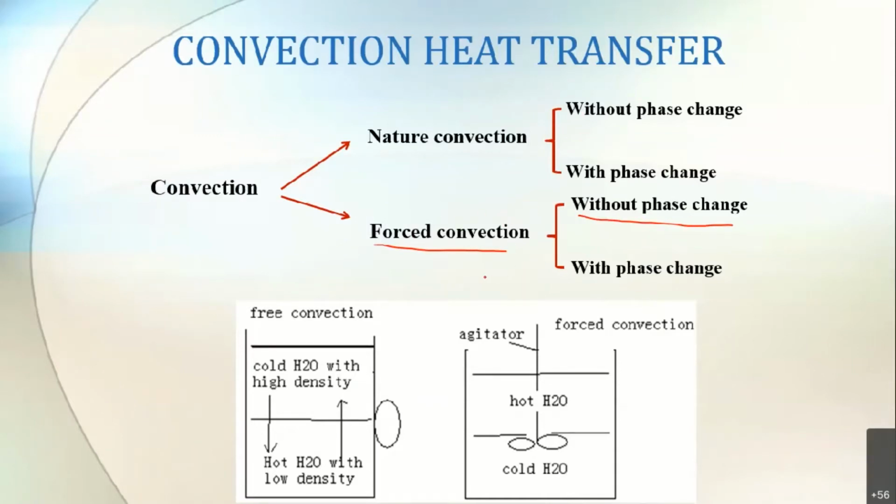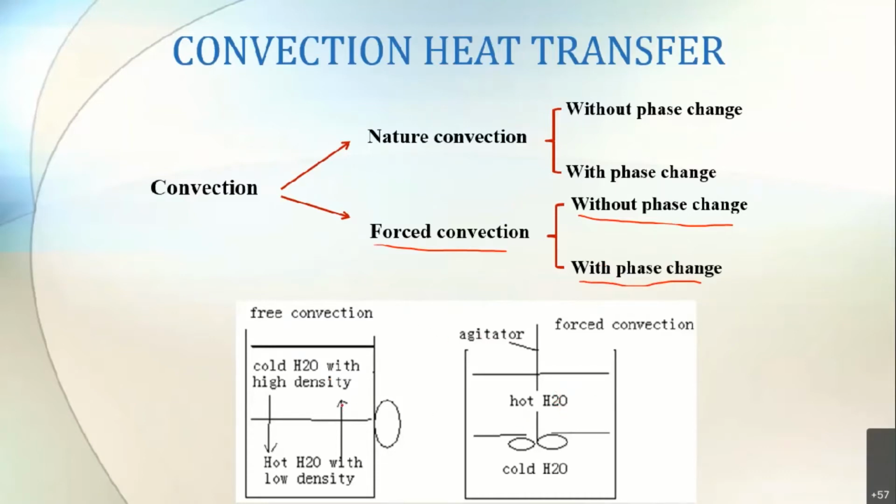If the steam has already transferred heat to a surface or to a fluid and then condensed into water, we say forced convection with phase change. The phase change here refers to the condition of the steam at the end. Free convection means you have no external forces acting on your fluid, whereas with forced convection there are external forces.